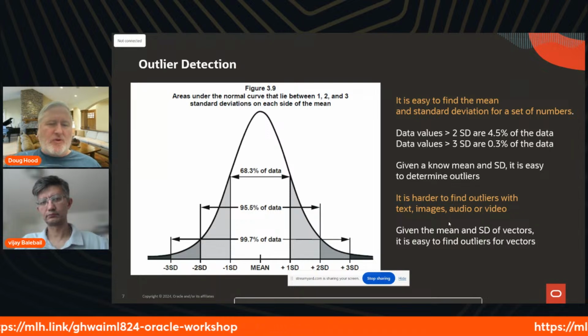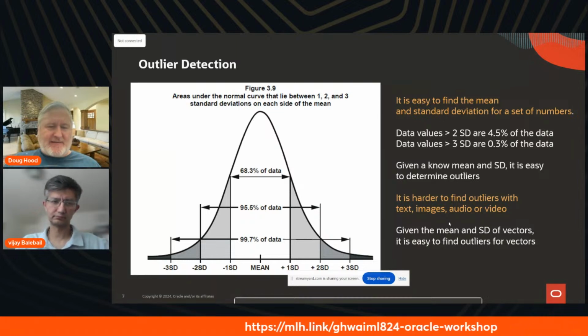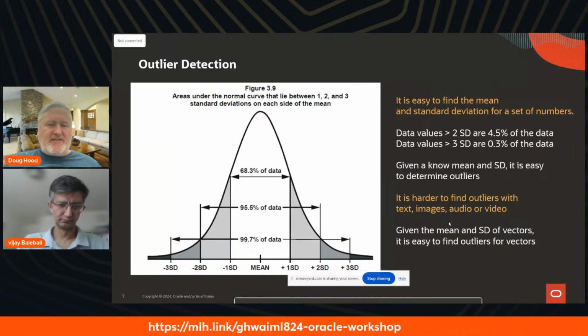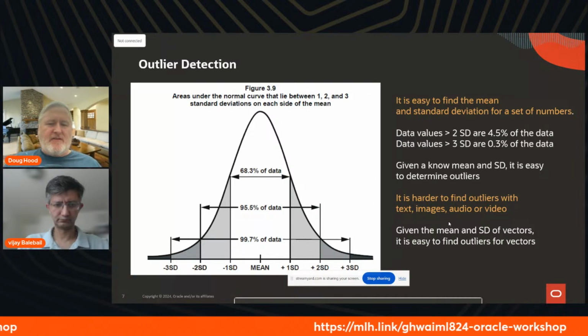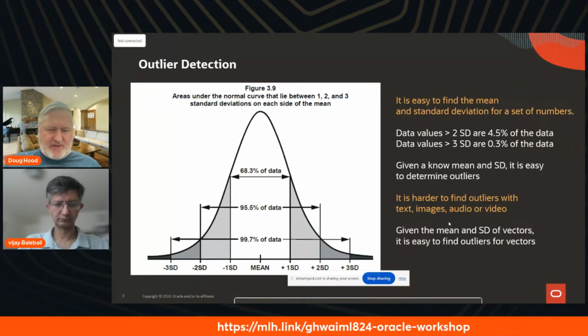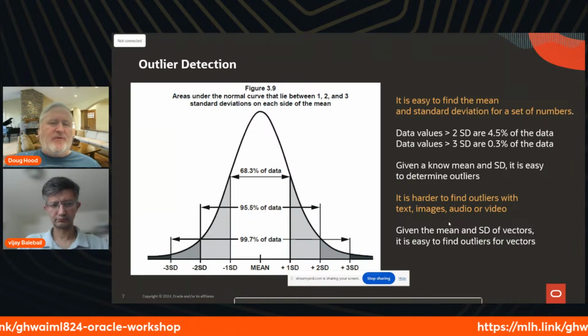If you have a normal curve, you can easily figure out the mean and standard deviation of that data. The point is, if you have some values which are within 2 standard deviations of the mean or average value, those values which are represented on this side of the chart or this side of the chart tend to be quite small, i.e. about 4.5% of the available data.